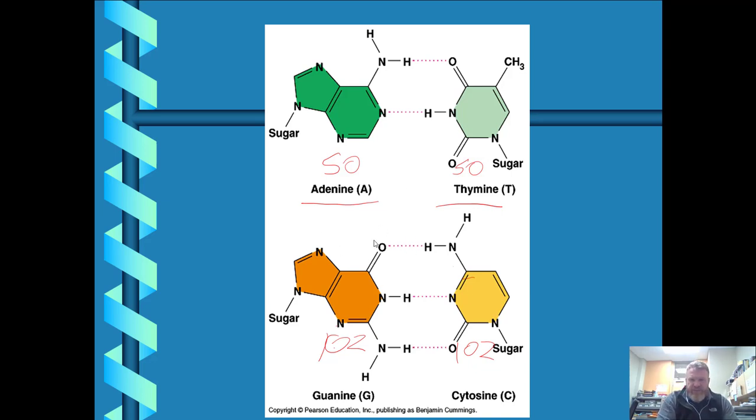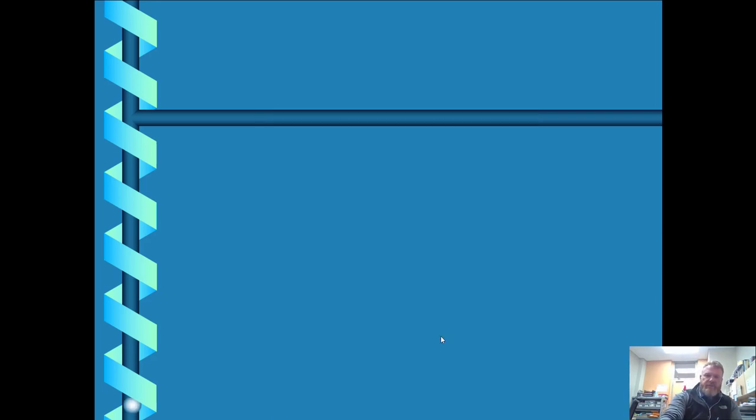As you can see right here, we have 1, 2, 3 hydrogen bonds being formed between these molecules, and 1, 2 being formed between these molecules. So if we took a thymine and tried to add it to a guanine, we would have this whole section just floating around with nothing to bond to. So it just doesn't work.